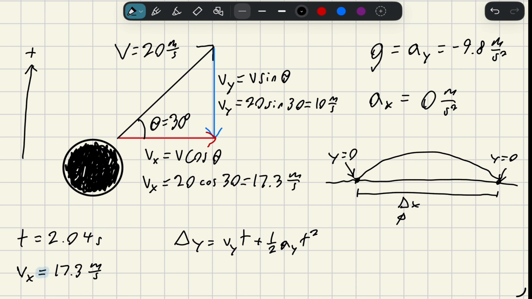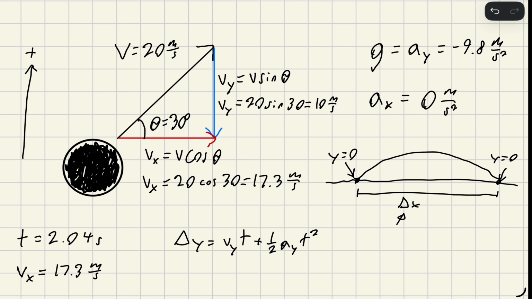And remember, we found that earlier with our trigonometry. We have delta x as our unknown, and we have acceleration of x is equal to 0, because there's nothing acting on the ball throughout its arc.